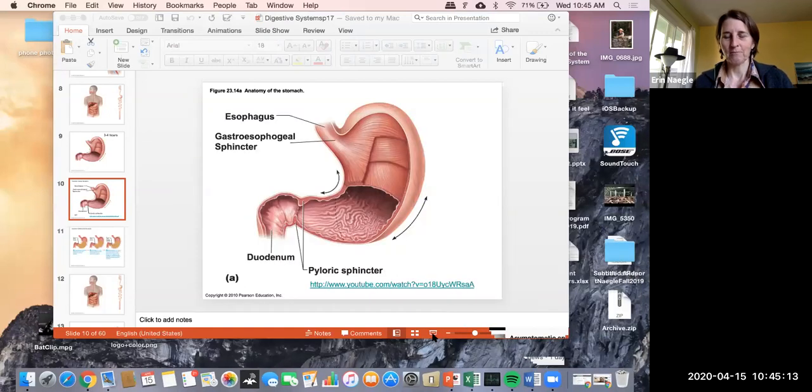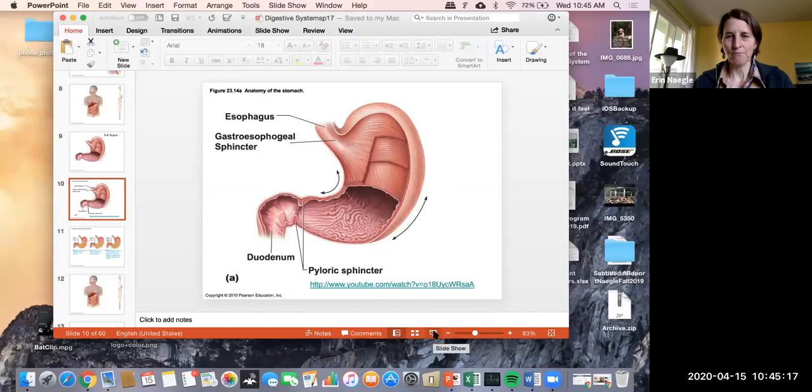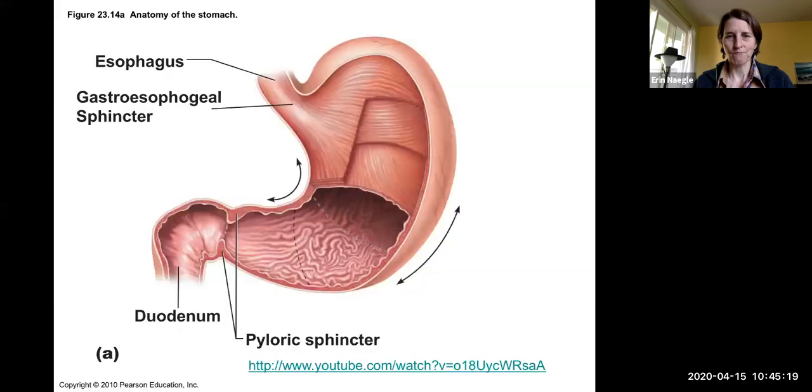So you kind of have this stomach brain. Anyway, 3 of those waves per minute. Strength increases when you have food in your stomach, but not necessarily the frequency, and that is assisted by your autonomic nervous system, particularly your parasympathetic nervous system is the one that helps you to mechanically digest things.